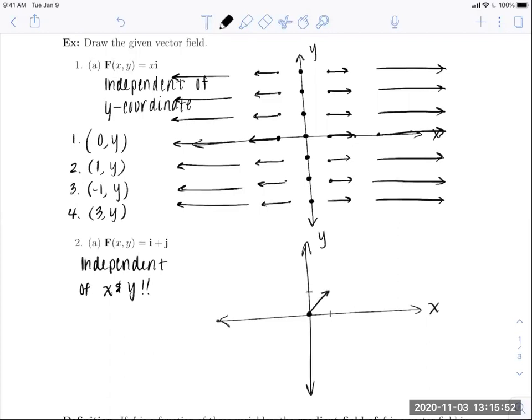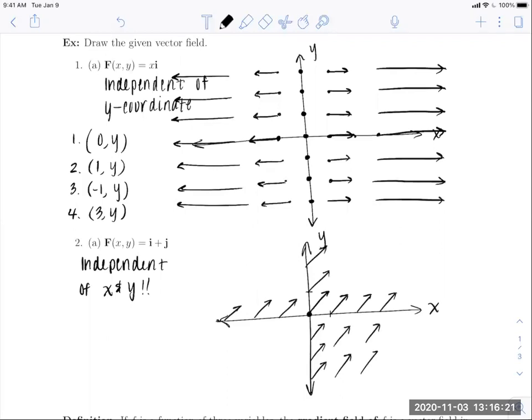Now I drew this vector emanating from 0, 0, but of course we have these vectors everywhere in the plane. So I'll draw one all along the x axis. I have them all along the y axis. And I have them everywhere in between.